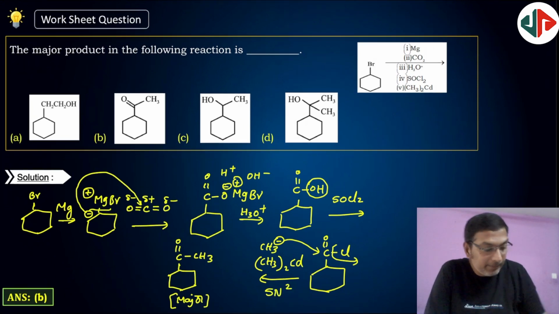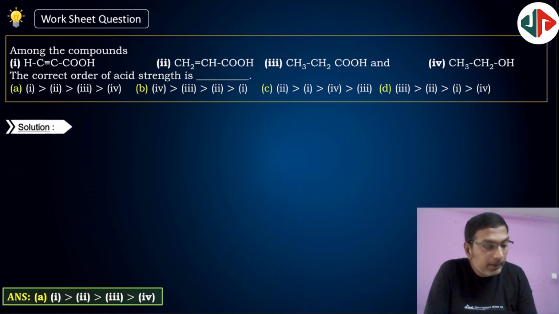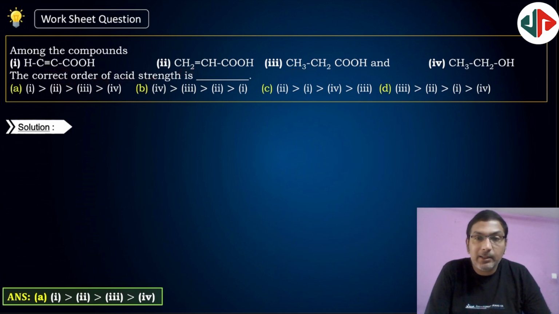The next question. Among the following compounds, the correct order of acidic strength. These compounds are given. The last compound is an alcohol and the first three compounds are carboxylic acids.